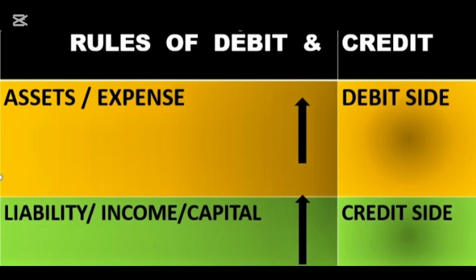Rules of debit and credit. Now, when your assets and your expenses increase, they will be moving on to the debit hand side. And if your liabilities, income and capital increase, they move on to the credit side.